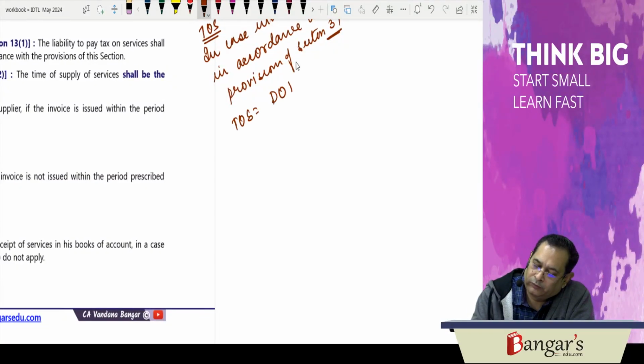Date of invoice or date of payment, whichever is earlier. Now what is basically date of payment?